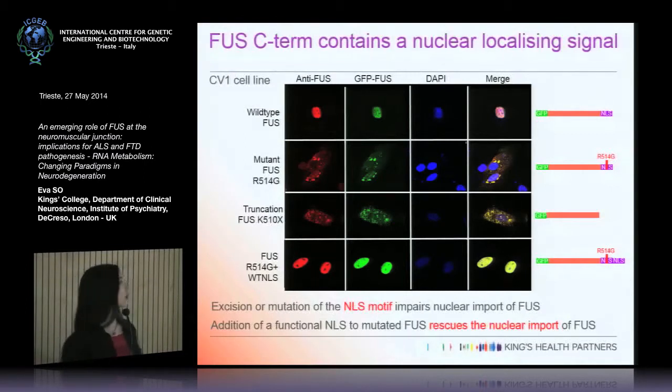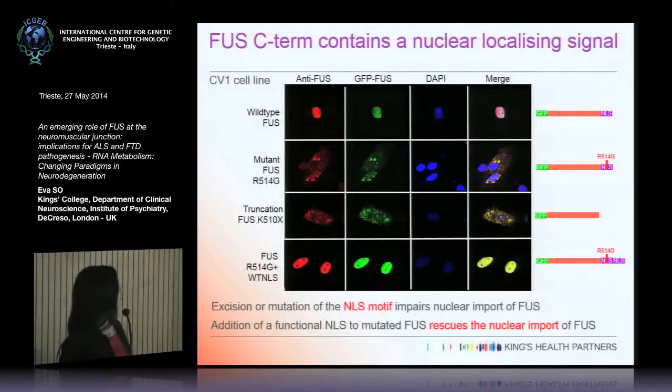And in order to determine how this mutant FUS has this cytoplasmic localization, we then inserted this 17 C-terminal amino acid, which contains the wild-type NLS, to the C-terminal of the mutant FUS. And as you can see here, there is a restoration of FUS nuclear localization.